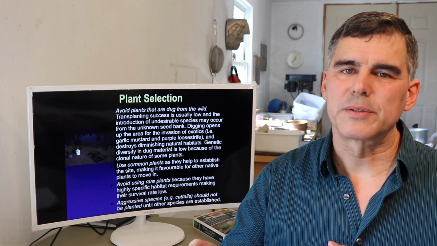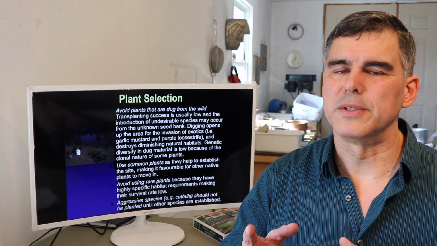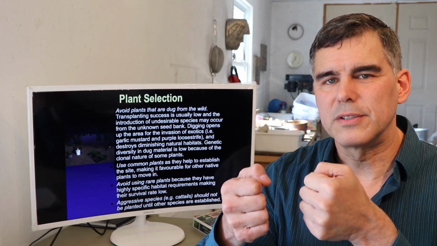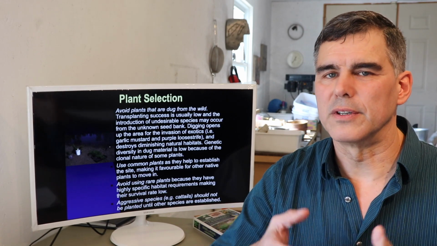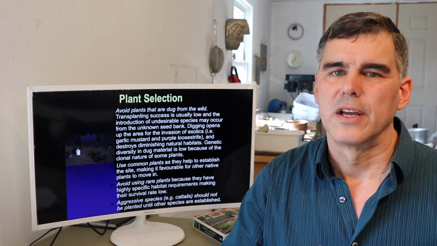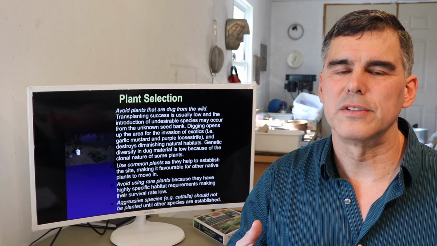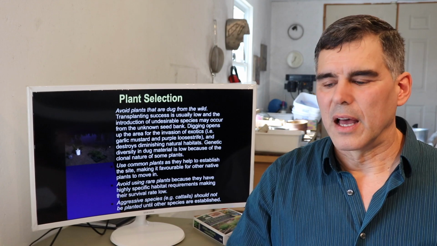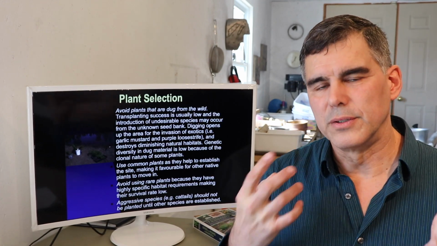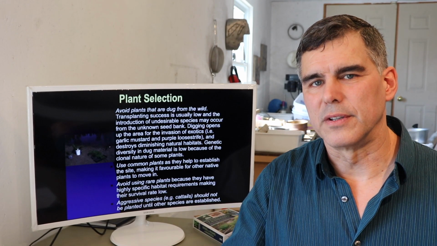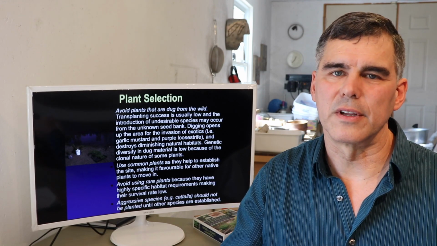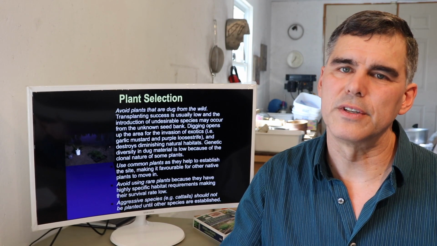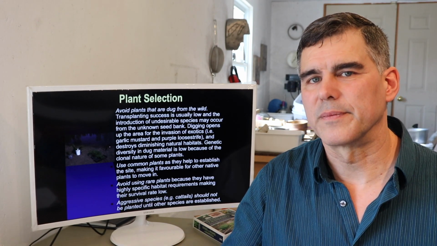Also, when you collect species from the wild, most are clonal, so you're actually grabbing multiple pieces of the same plant, and you have reduced genetic diversity. You want the maximum genetic diversity so you have the maximum resilience in the ecosystem. Also, don't use aggressive, non-native species that are exotic to the area. They're much more aggressive, they'll take over your community, and you'll have to deal with them later on.